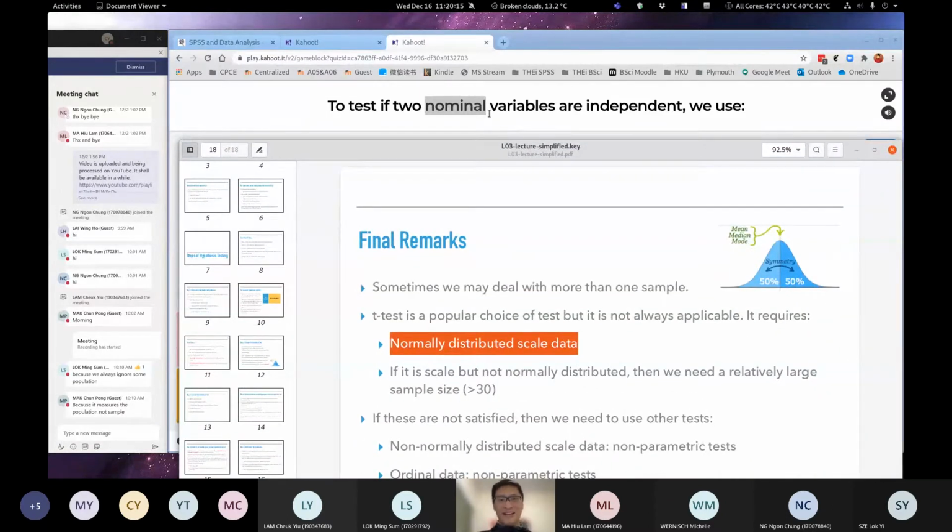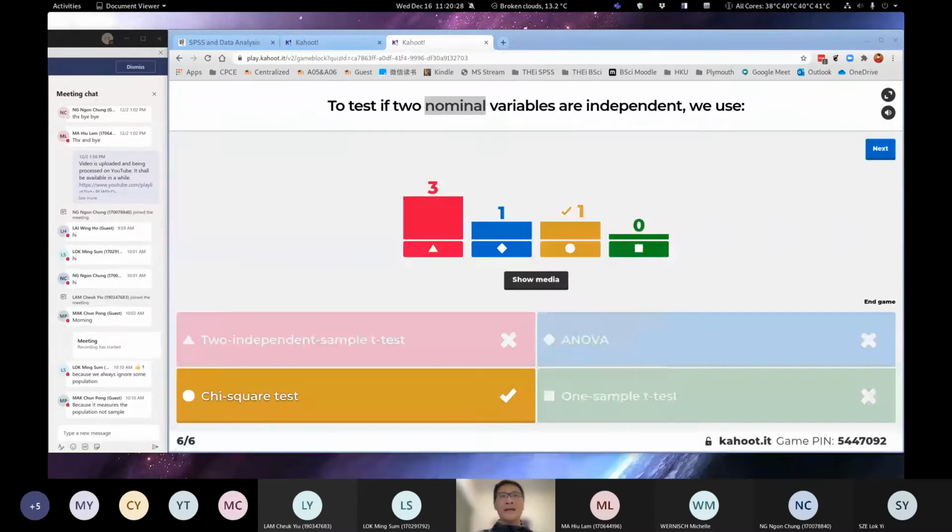These are two different concepts. Nominal variable means it is categorical variable. So you cannot use t-test in this case. ANOVA is also only for normally distributed data, so ANOVA cannot be used. The only thing you can use here is the chi-square test.